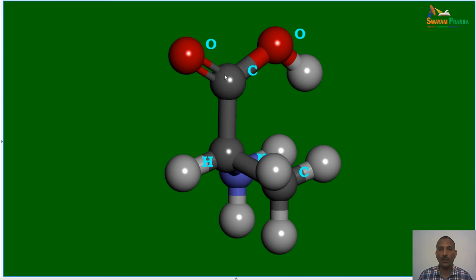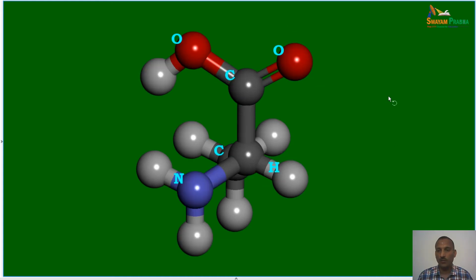So this carbon has 3 oxygens as the second attachment. This carbon has hydrogens. Between oxygen and hydrogens, oxygen gets the higher priority. So this carboxylic acid unit gets the second priority, and the methyl group gets the third priority. Let me remove some of the hydrogen atoms for simple viewing.